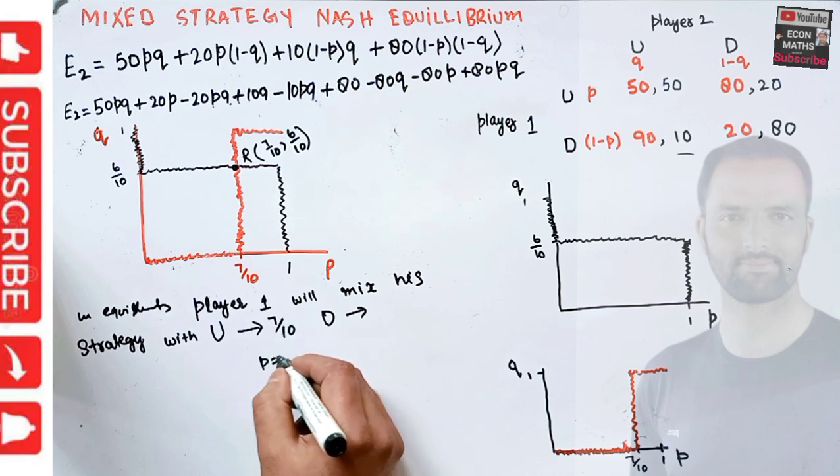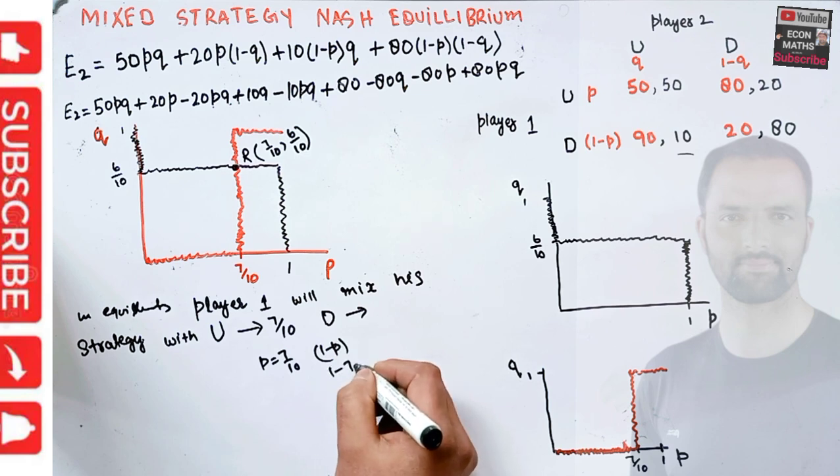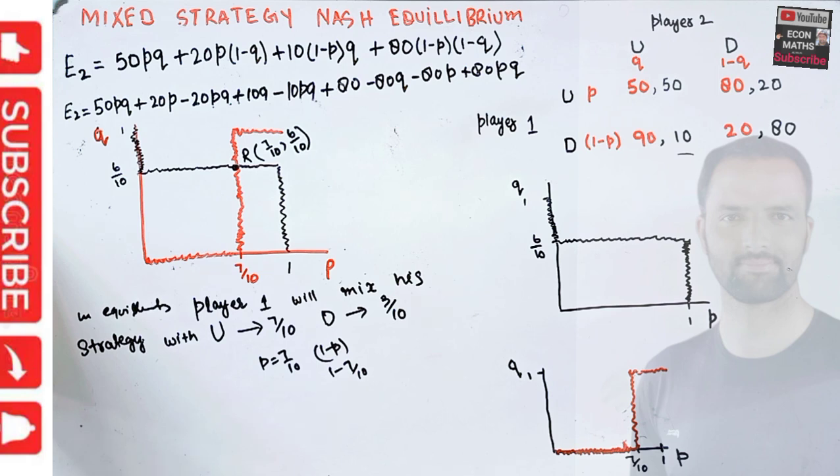If p is equal to 7 upon 10, then 1 minus 7 upon 10 means 3 upon 10. He will play down with probability 3 upon 10.